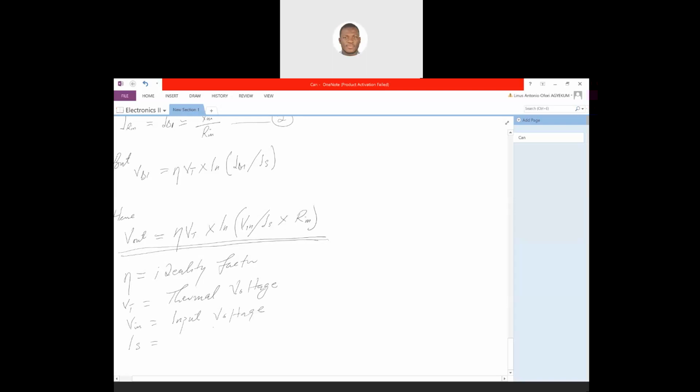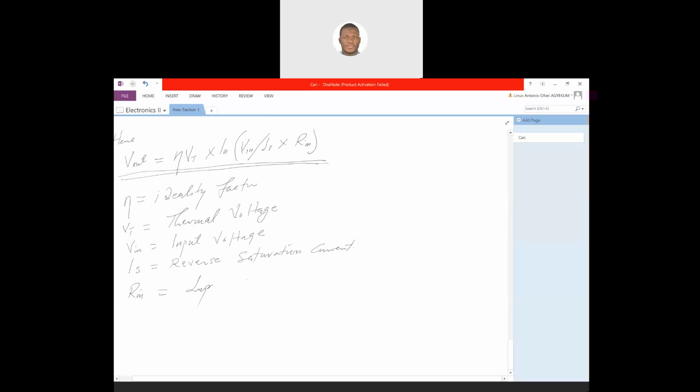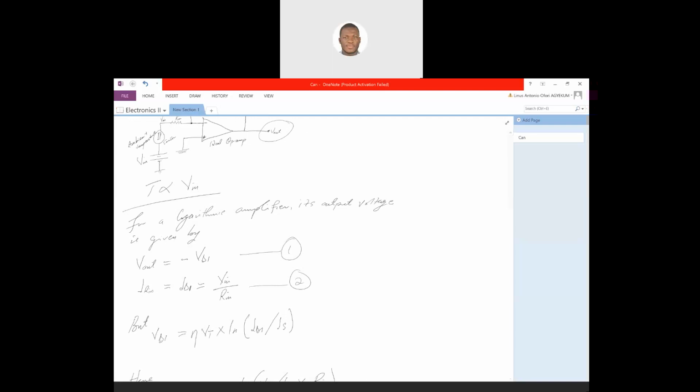IS is the reverse saturation current. And R in, of course, is the input resistance.